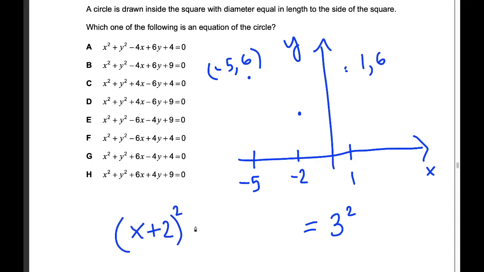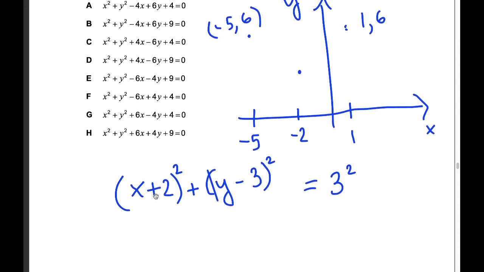I'm just using the common equation for working out the equation of a circle. This is something that you should know from A level. If you want to find the equation of a circle, you need to know the center and the radius, and it's (x minus a) squared, where a is the x coordinate of the center of the circle, plus (y minus b) squared, where b is the y coordinate of the center of the circle, equals the radius squared. So that's why I've got a 3 squared on the other side.